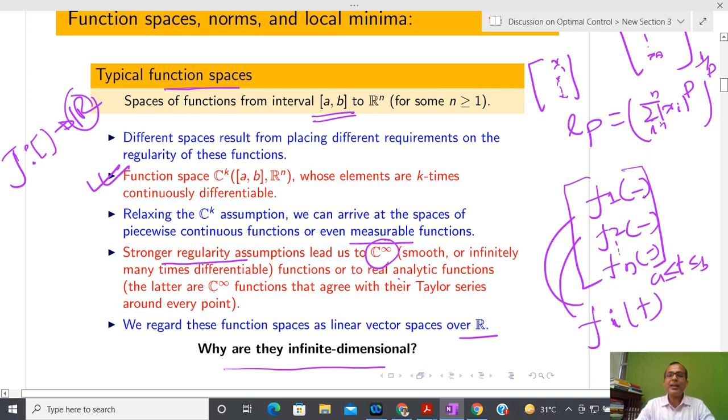So infinitely many terms are associated with it, and due to that reason it is infinite dimensional. You have to recall this fact everywhere: whenever a function comes into the picture, it is represented in an infinite dimensional setting, meaning an infinite number of linearly independent basis vectors are required to represent some continuously differentiable function.